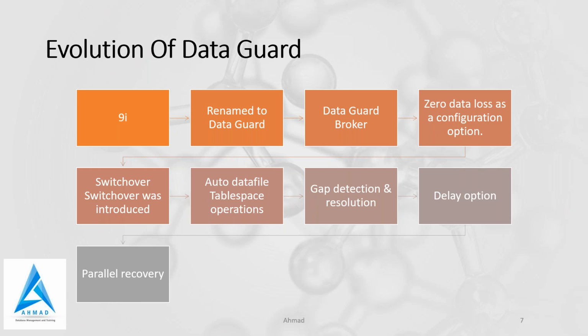That is very good technology. Zero data loss was introduced, switchover was introduced, automatic data file and tablespace operations were introduced, gap detection and resolution were introduced, the delay option was introduced, and parallel recovery was introduced.